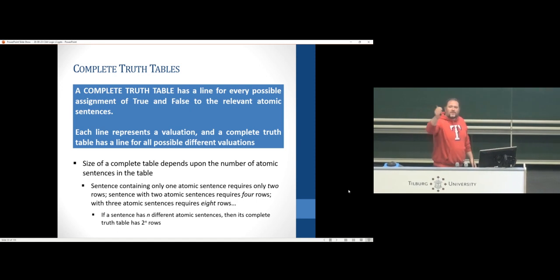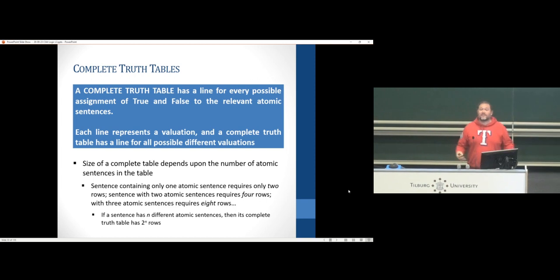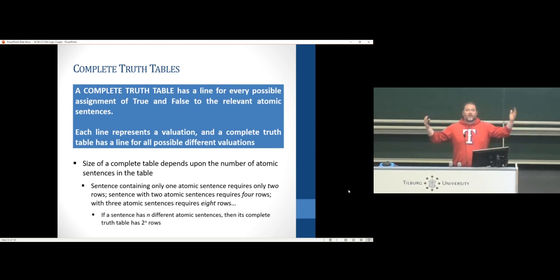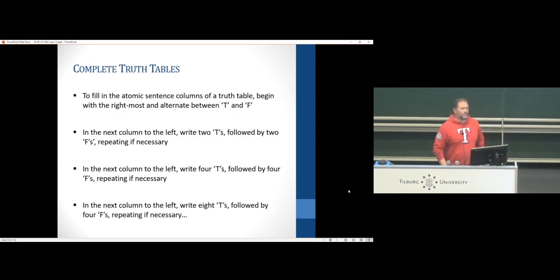So this kind of comes back to a question about how to write the table, right? We want to make sure if we're making a complete table, we get every possible combination. So I'm going to suggest a method to do that. It's one that I think is very easy to do. It's not the only way you can do this, but it's a handy way to go. Right?